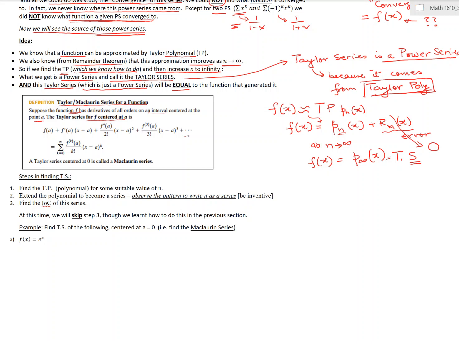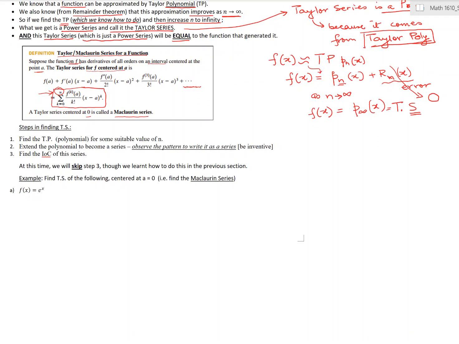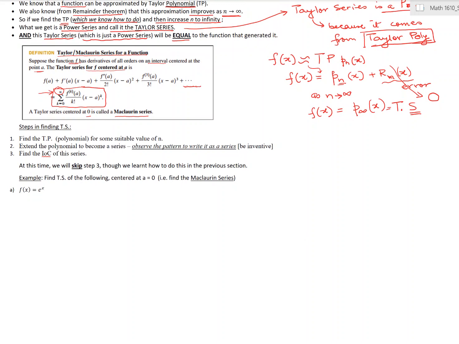The main thing to notice is that this is an infinite series, so you keep adding on and you get this in a compact form. Again, notice that it's a summation to infinity. If you had stopped at n, it would have become a Taylor polynomial. A Taylor series centered at 0 is called a Maclaurin series, in honor of Maclaurin, who also found this result.